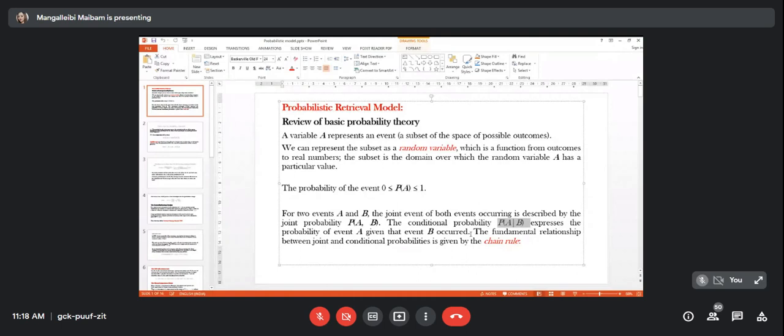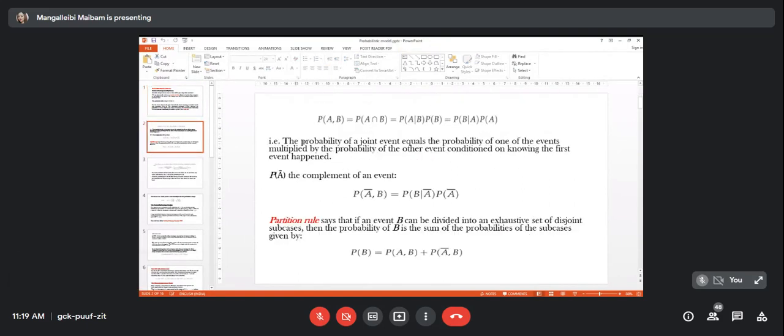So this is the conditional probability of A given B. Then the fundamental relationship between joint and conditional probabilities is represented by the chain rule. So let us see the chain rule.